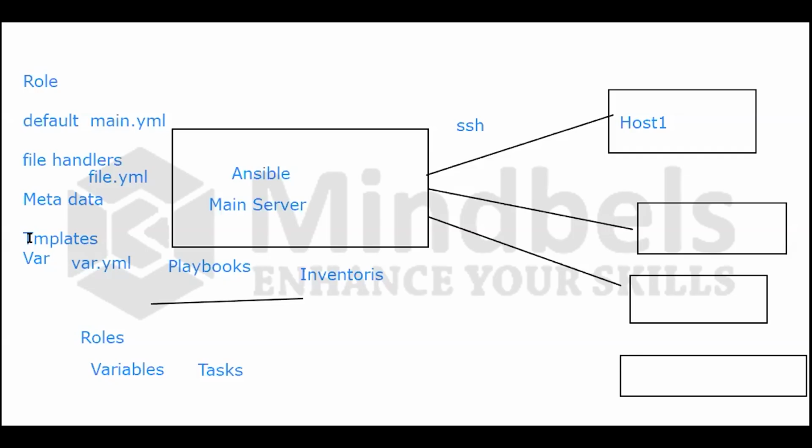When I say templates, a variable, it will go to the var.yaml, which is kept at that position. Role means that the variable it will take from this file. File handlers it will take from this file. So I have taken some of the things which are to be used. Now let me give you one example of how we utilize a role in one YAML file.